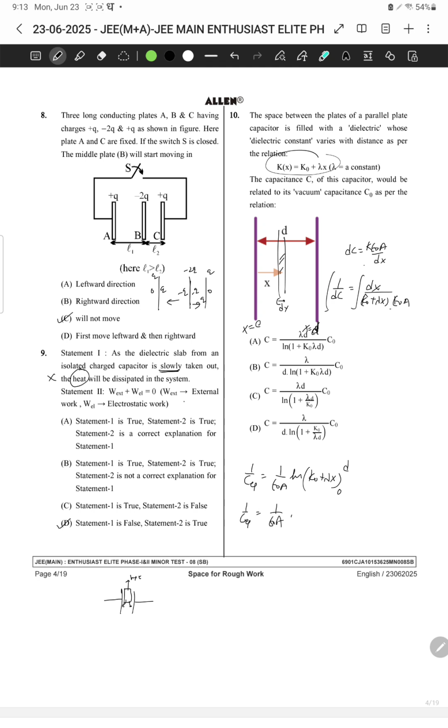C equals epsilon naught A divided by, in the denominator, 1 plus lambda d by K naught, times K naught plus lambda d by K naught. So we can see that option C is correct here. Correct. Let's see the next question.